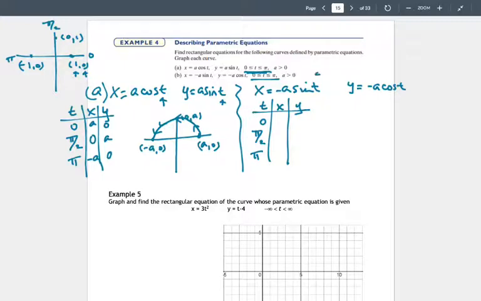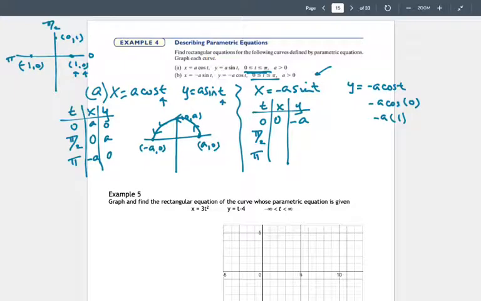So for the x equation, I'm plugging in negative a times sine of 0, which will be 0. And then for the y one, I'll do negative a times cosine of 0, which is negative a times 1, so negative a, just to make sure y'all know what I'm talking about.